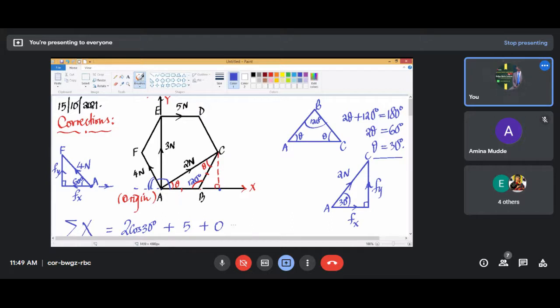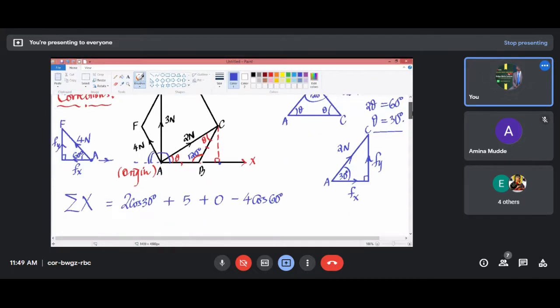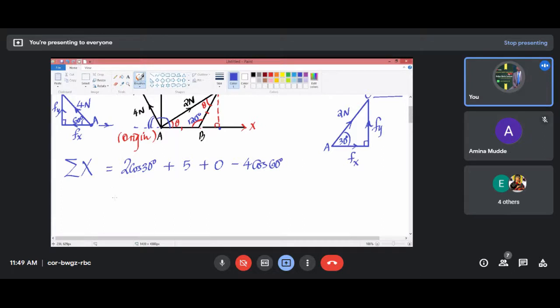So we agree with negative 4 cos 60 as suggested by David. So that becomes our summation x. This is 2 times cos 30, which is root 3 out of 2, plus 5 minus 4 times cos 60, which is 1 out of 2.